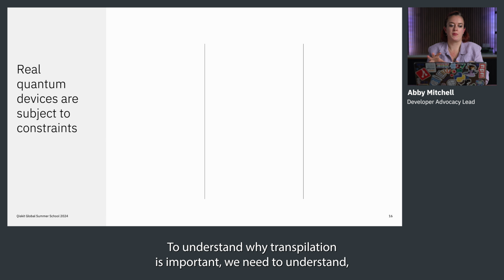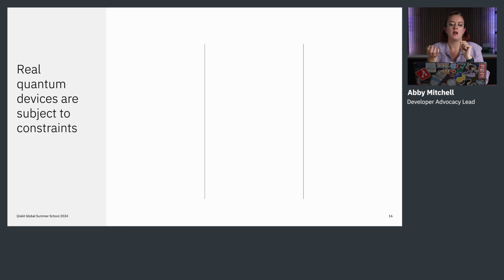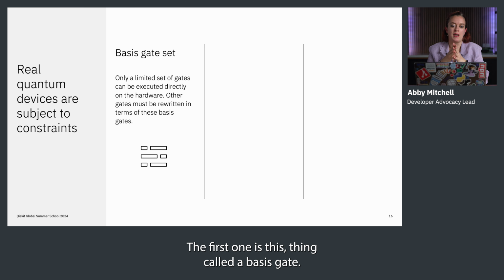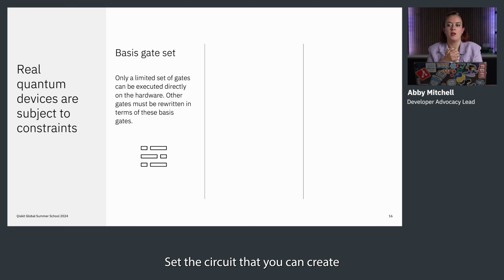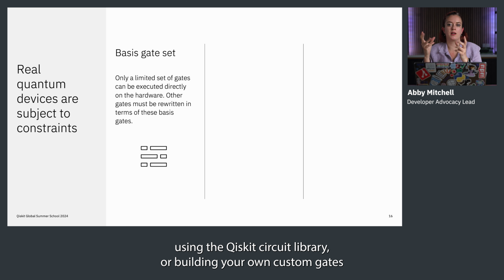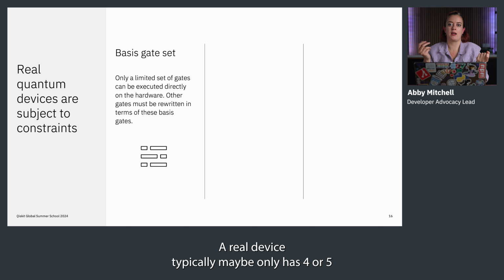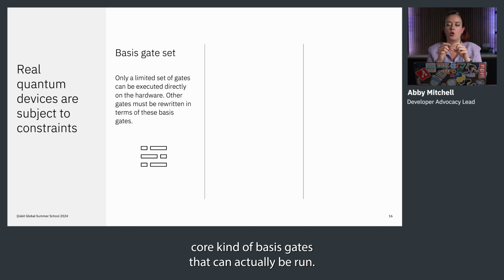To understand why transpilation is important, we need to understand that real quantum devices are subject to various constraints. The first one is this thing called a basis gate set. The circuit that you can create using the Qiskit circuit library or building your own custom gates isn't necessarily the exact same gates that you can use on a real device. A real device typically only has 4 or 5 core basis gates that can actually be run.